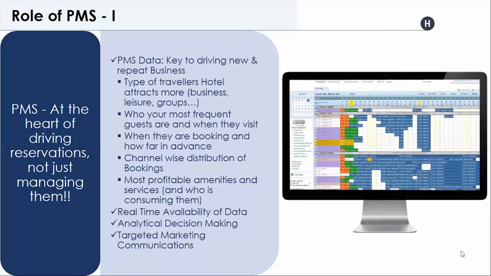Either there's a revenue management system, or the PMS itself will give you the data, and you can take a better informed decision on what the hotel has to be priced at, so that you can do better than your competition, right?